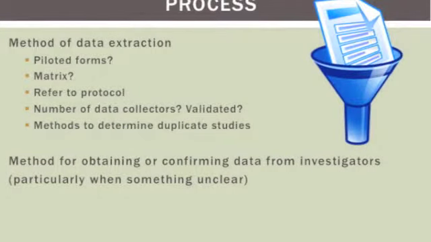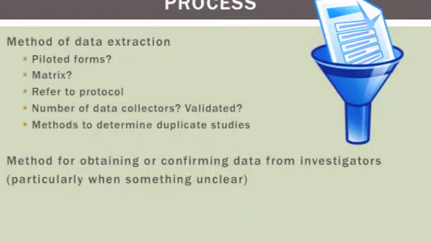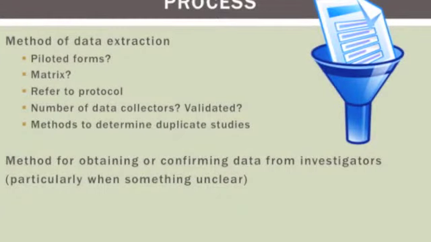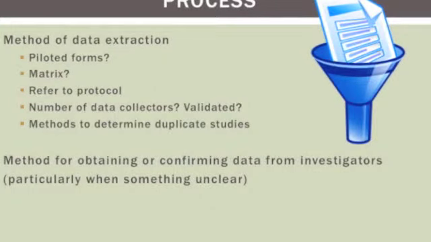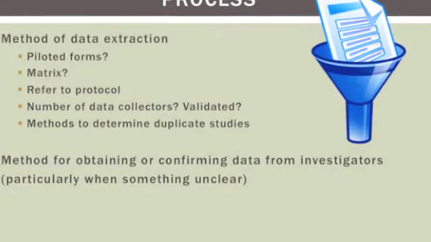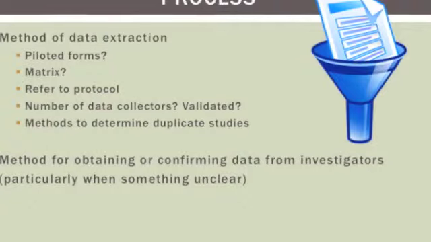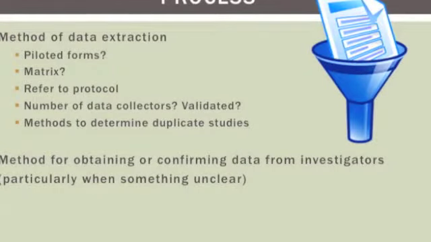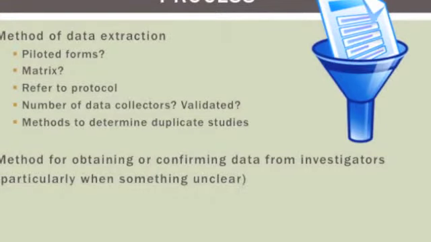Who, again, were they, in parentheses? How was the data collection validated? Did two reviewers look at the same studies? What were the methods used to determine duplicate studies or duplicate databases? What was the method used for obtaining or confirming data from investigators if you were using sources that were unpublished, particularly when something was unclear?